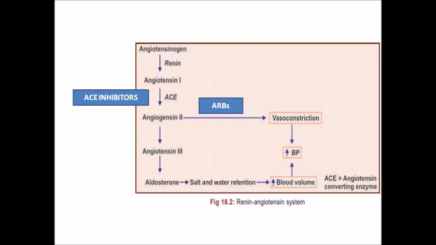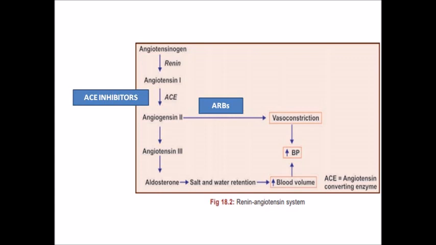Then angiotensin 2 gets converted to angiotensin 3, and angiotensin 3 can lead to the formation of aldosterone, which can increase the salt and water retention, and which can again contribute to a rise in BP. So this is how the blood pressure in our body is maintained by the renin-angiotensin system.